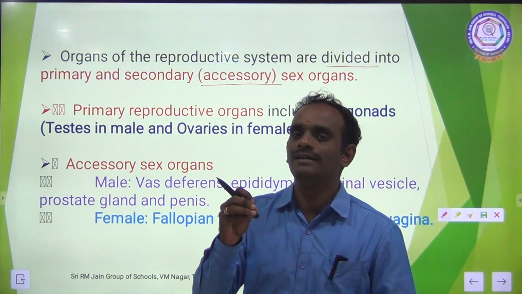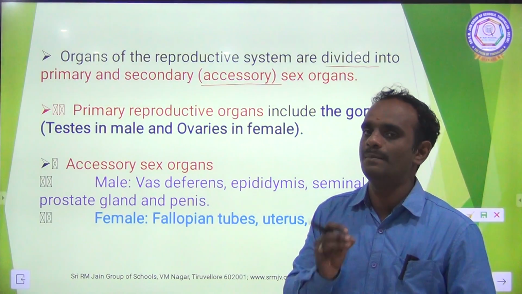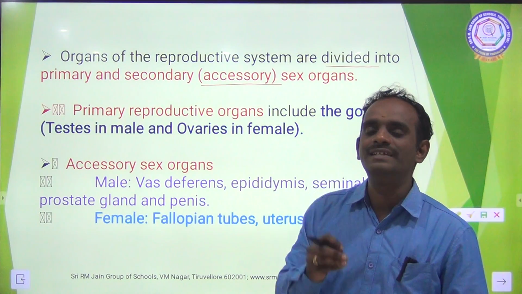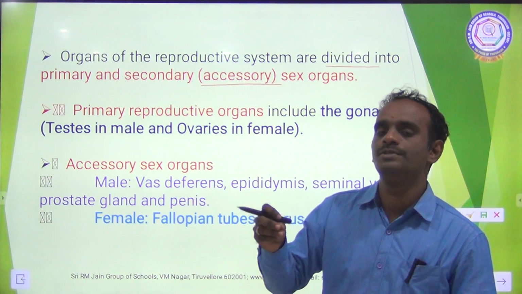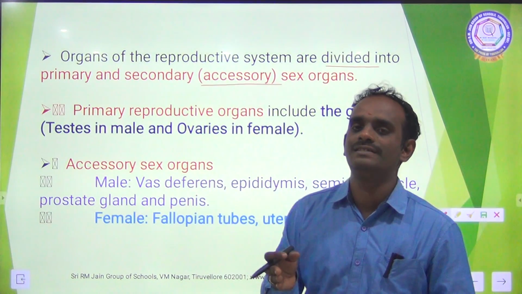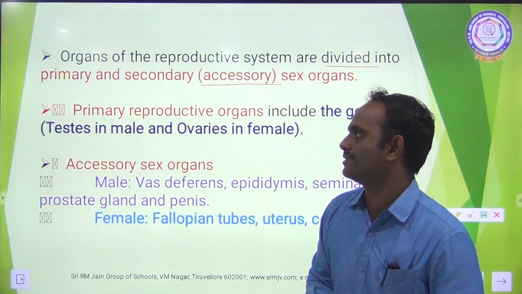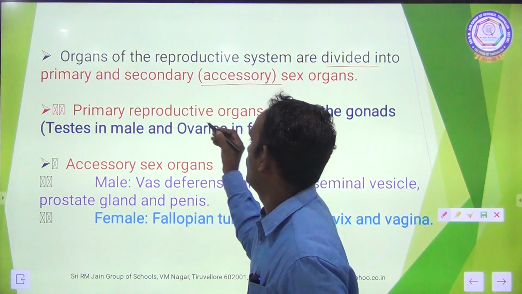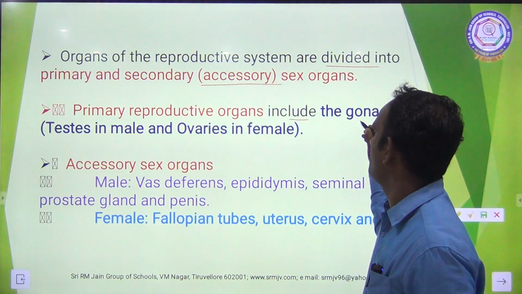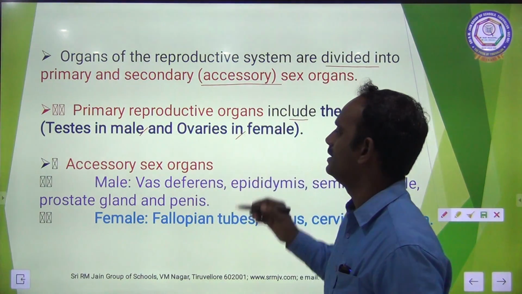The male organ, testis, produces sperm. The female primary organ, the ovaries, produce a mature egg. These testis and ovaries are the primary organs, the gonads.